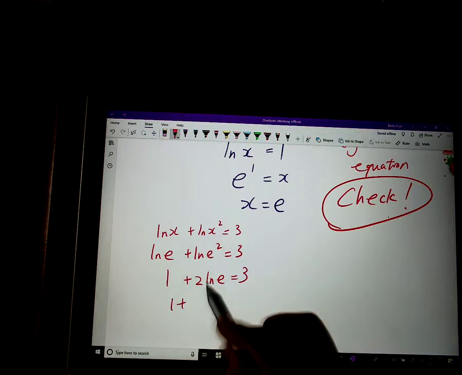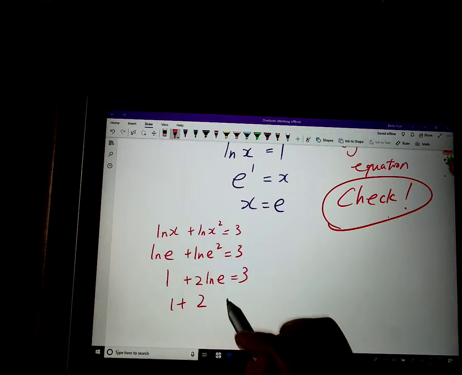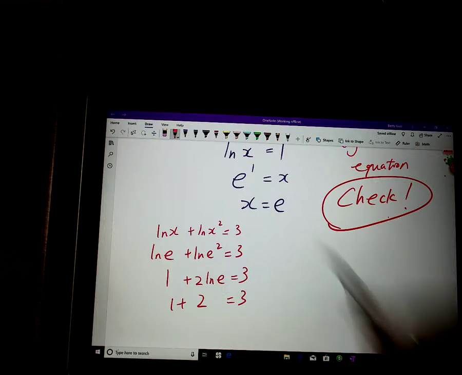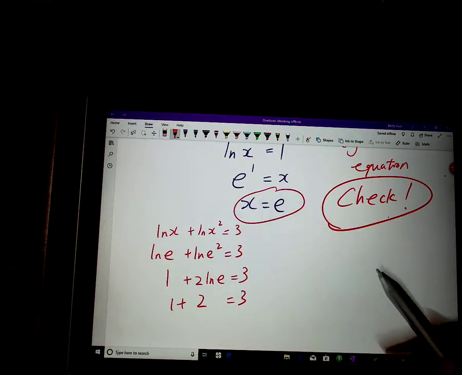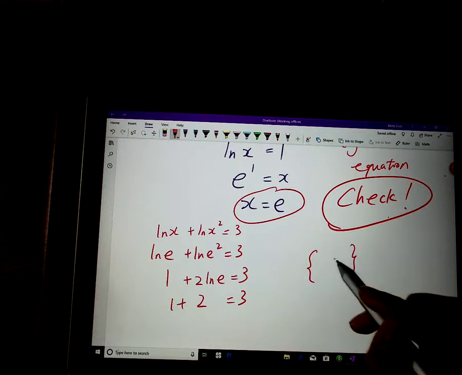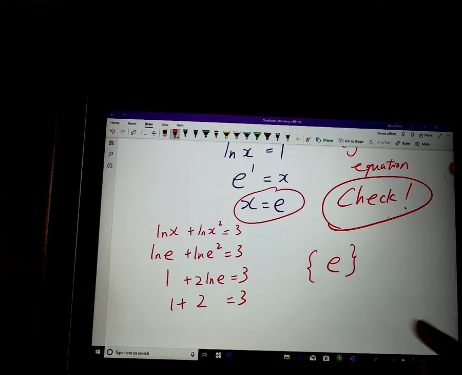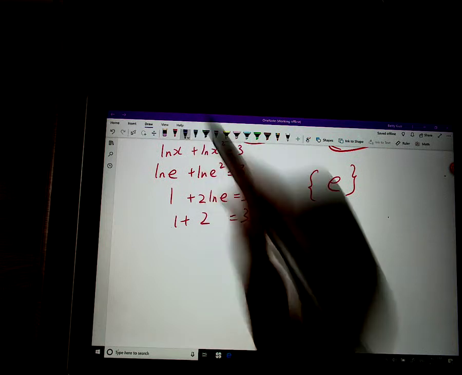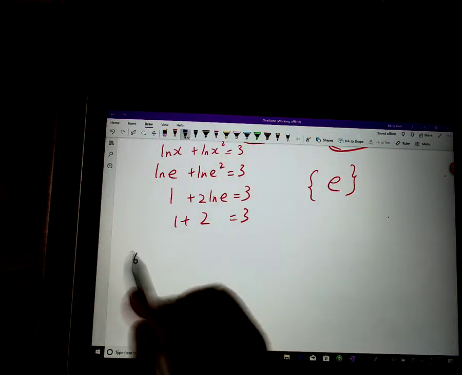Again, ln e is 1. So 2 times 1 is 2. 1 plus 2 equals 3. So we keep this solution. You can make a conclusion: the solution set of the original logarithmic equation contains one solution only, which is e. Very important, I hope you can repeat the video.